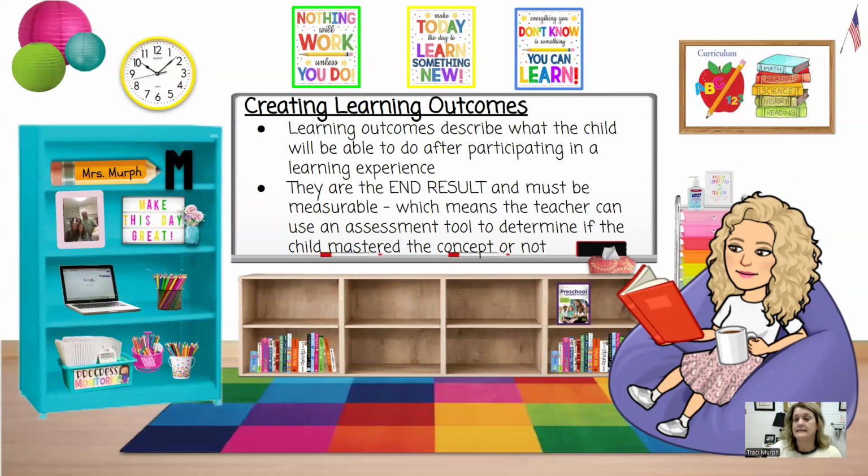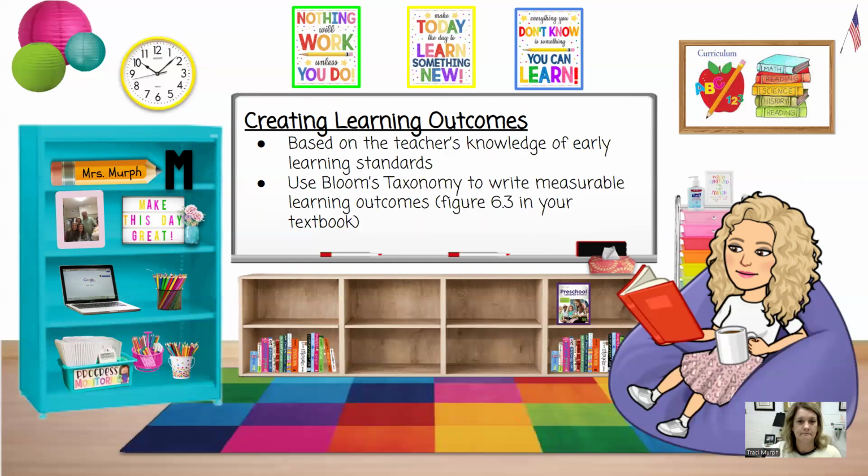What this means is that the teacher will need to be able to use an assessment tool to determine if the child mastered that particular concept or not, to see what their proficiency of learning is. You are going to determine your learning outcomes based upon your knowledge of early learning standards.